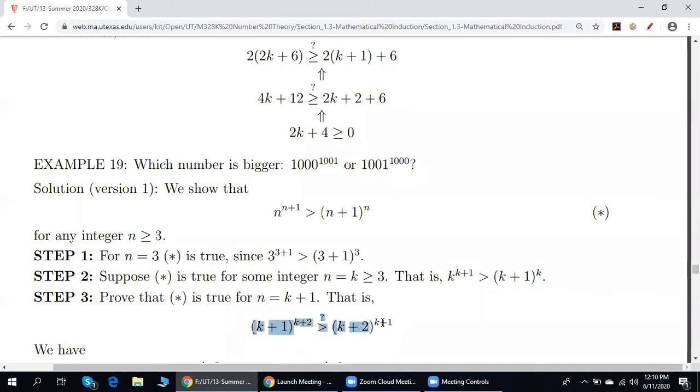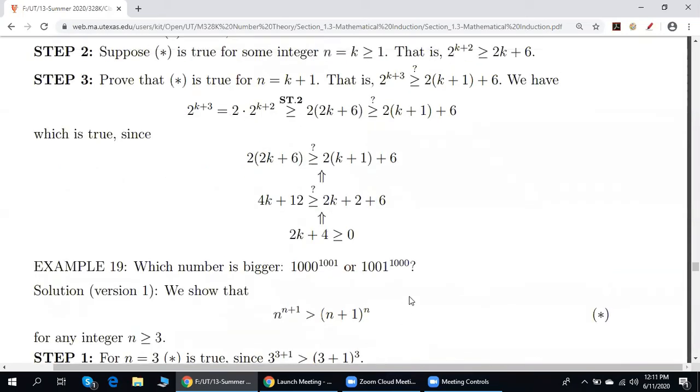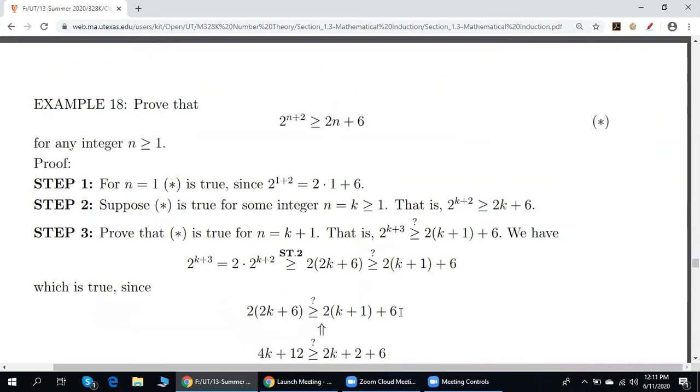How do we prove this? Now the question is significantly more complicated. Here is why. Note that in all previous examples, it was easy to extract step 2, a left-hand side term, from step 3, a left-hand side term.